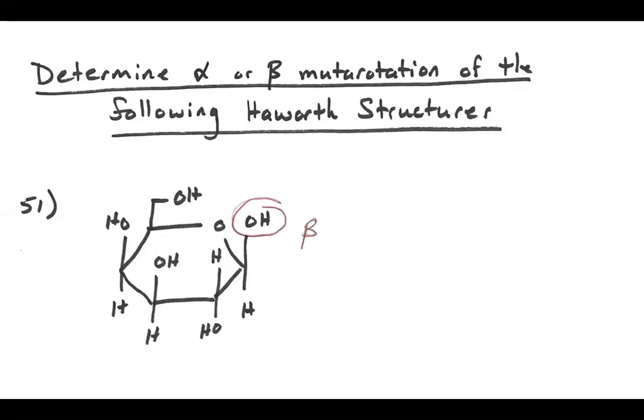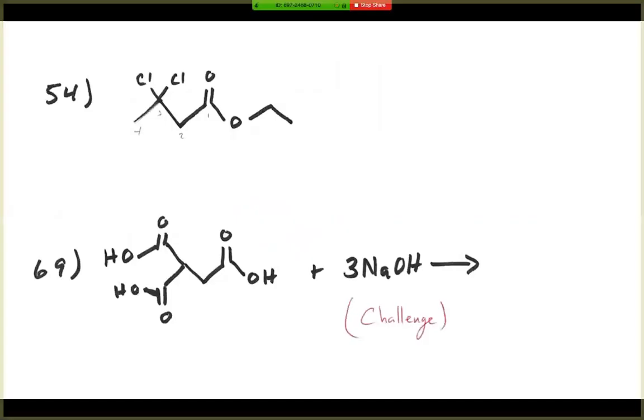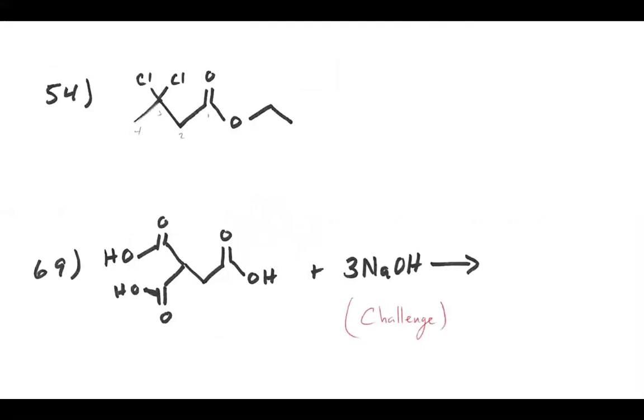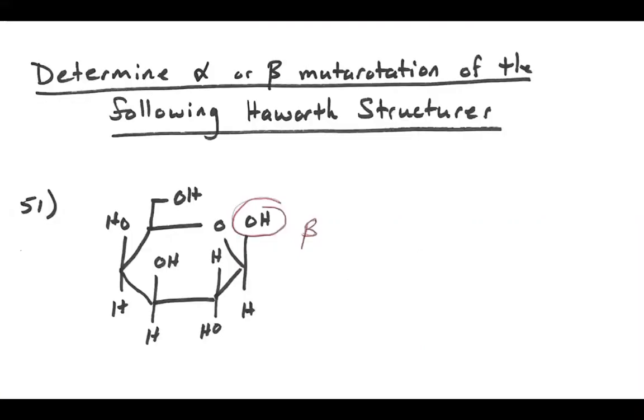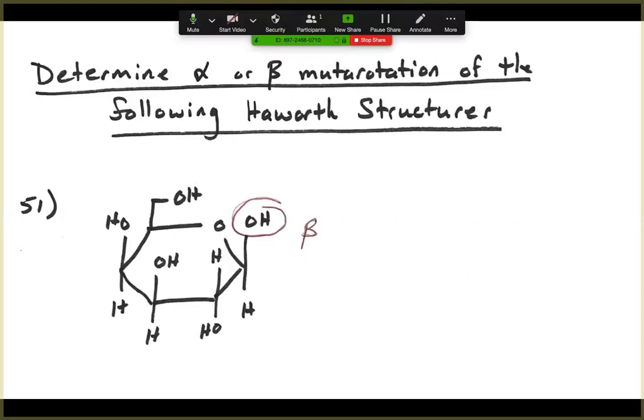And another thing we're trying to determine is if a sugar or a carbohydrate is an alpha or beta mutarotated form. It basically means, is this hydroxyl, the one that came from originally when the molecule had an alcohol group and then an aldehyde, in a simplified structure.